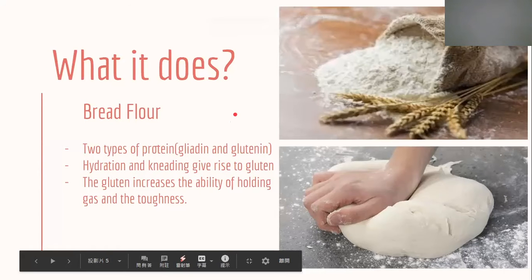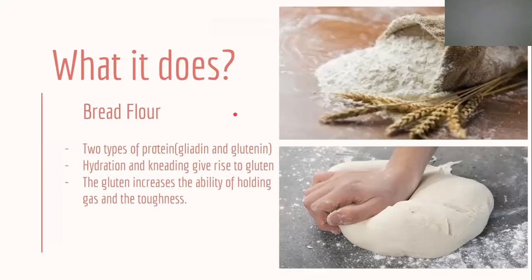So now we're going to talk about the functions of each ingredient. The first ingredient would be the bread flour. Basically, this flour contains two types of proteins, gliadin and glutenin. So when you are making the dough, you have to add the water.